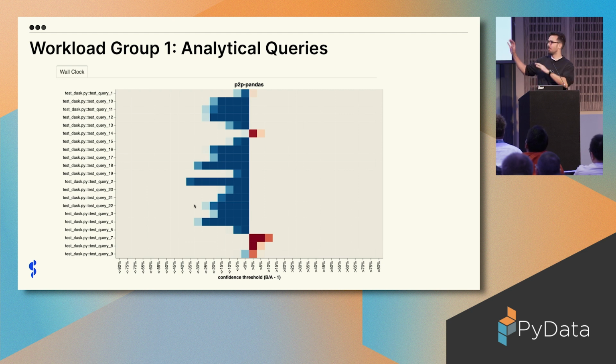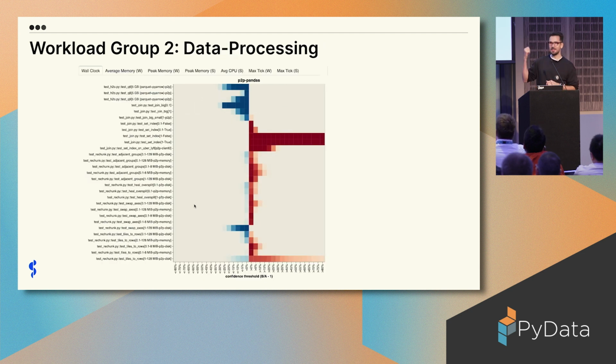The problem is those are all analytical queries, and they have in common that they reduce the data set greatly. And that's something that we apparently over-optimized for. Because now we have this graph, and red means very, very bad, in particular this huge red bar that we see. For some other workloads that were more data processing workloads, so you don't reduce the amount of data, but you much rather do some transformations and write it somewhere else, it turned out that this change that we made introduced a performance regression of a factor of 3x or even more.